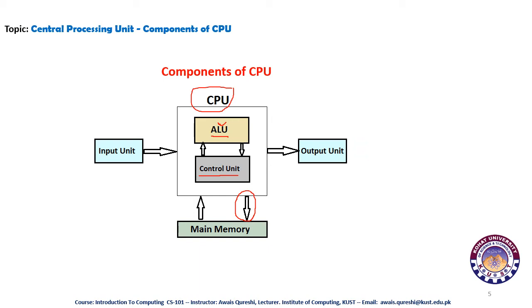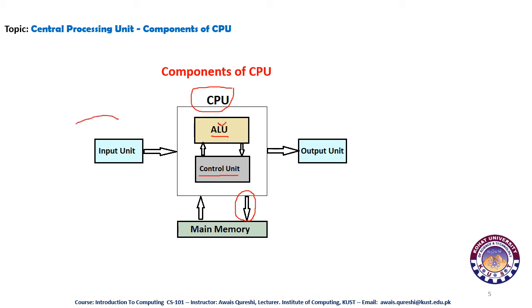It can then again transfer the data to the main memory, from where the operating system's job is to get the data and show it to the user. So this part, which is called the control unit, acts like a traffic police inspector, which controls the flow of traffic. The control unit controls the traffic of the data between different components of the system.